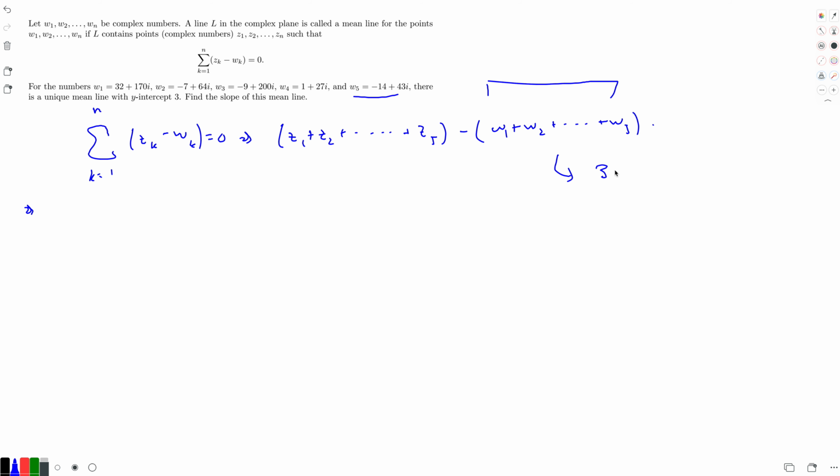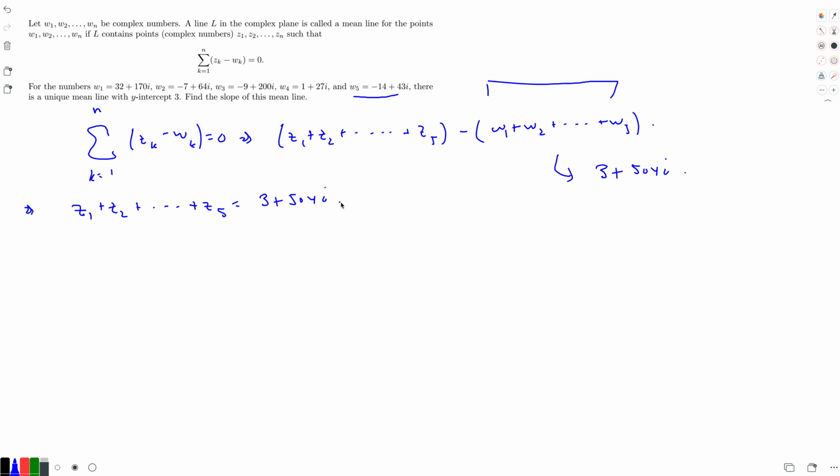And then the sum of the imaginary parts would be 170, 234, 434, 461, 504. Yep, 504i. So therefore, for this line to be a mean line, we must have z1 plus z2 all the way until z5 equal 3 plus 504i as well.